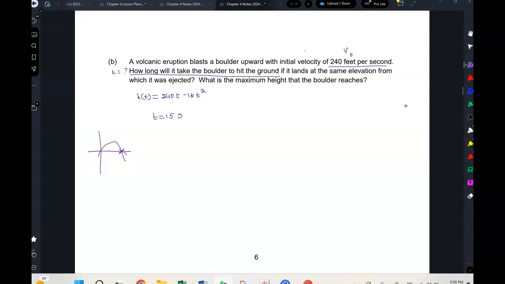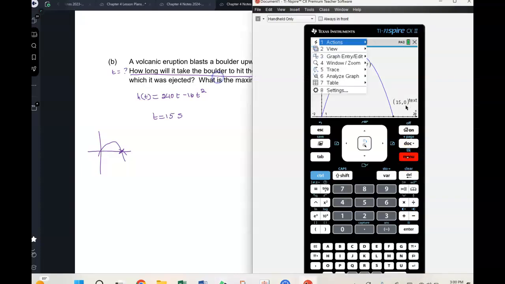And then what is the maximum height that the boulder reaches? You know what? I'm just going to trace this time. So here we go. Maximum 7.5, 900, right? And obviously it's 900 feet. That's the maximum height that it reaches.